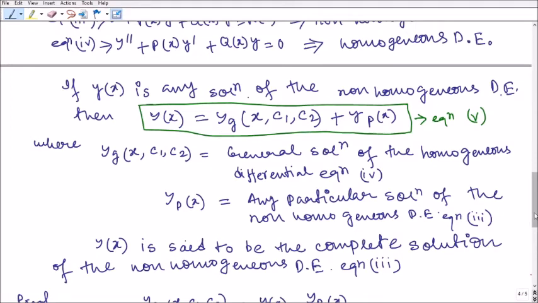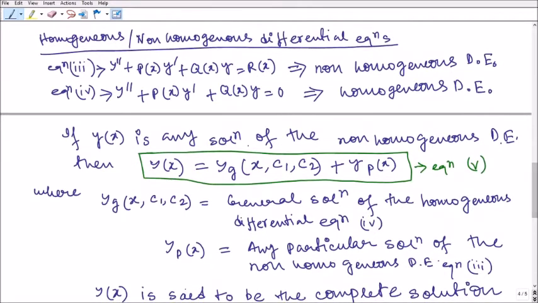So any solution of this non-homogeneous differential equation can be written as the sum yg plus yp, which is called the complete solution, where yg is the general solution of the associated homogeneous differential equation, and yp is any particular solution of this non-homogeneous differential equation.